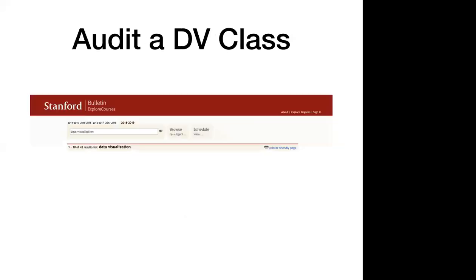Okay, so my third part of the talk is resources at Stanford. The first resource is that you can audit classes here with the permission of your supervisor and the instructor. You can go to Explore Courses and type in data visualization in the catalog, and there are 43 results. They're not all offered at the same time, but there's a good one. I've taken it.